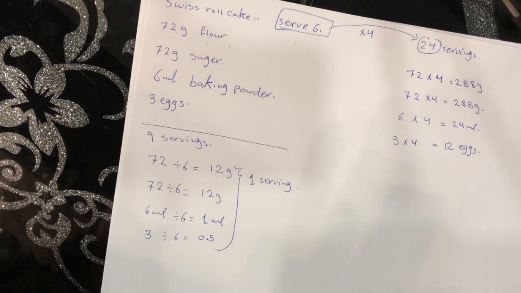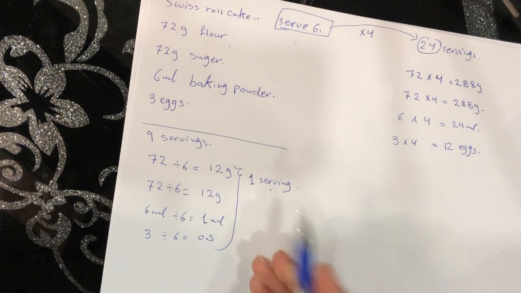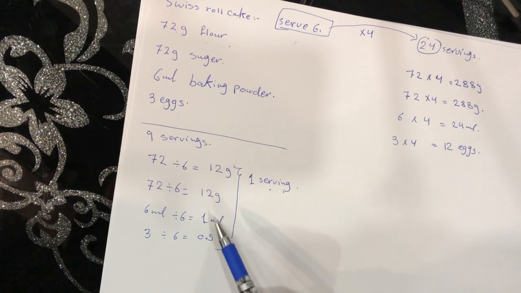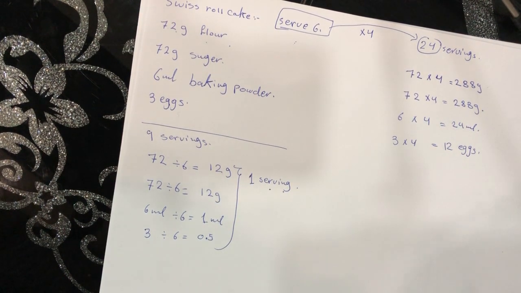Now, since I have the ingredients for 1 serving, can I find the ingredients for 9? Yes, by multiplying each ingredient and each measurement by 9.